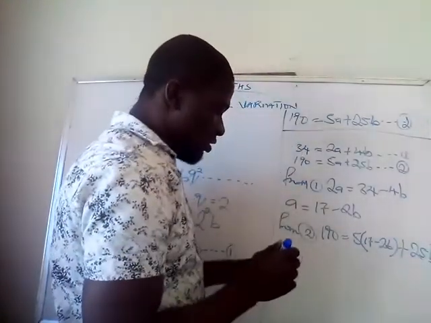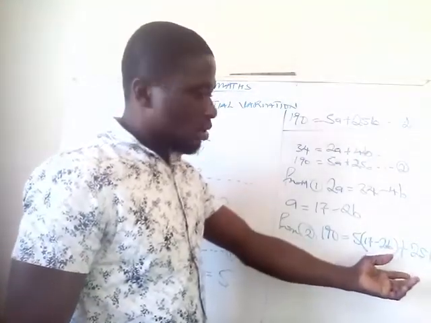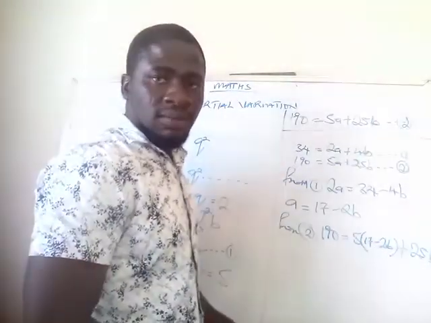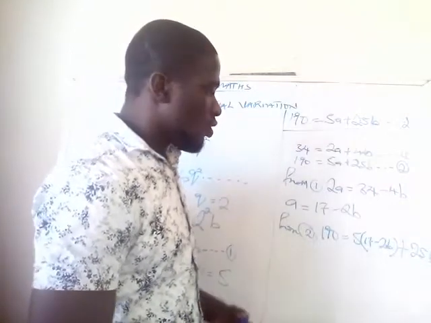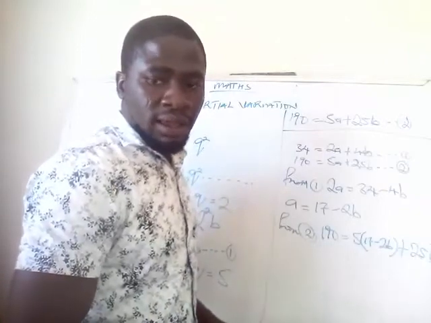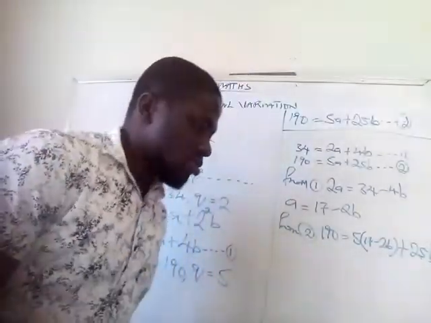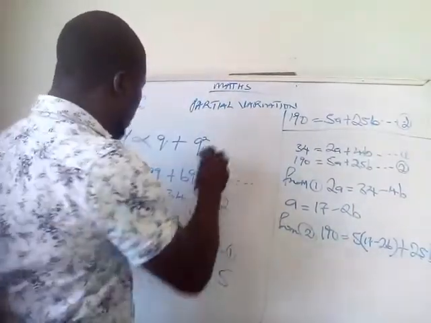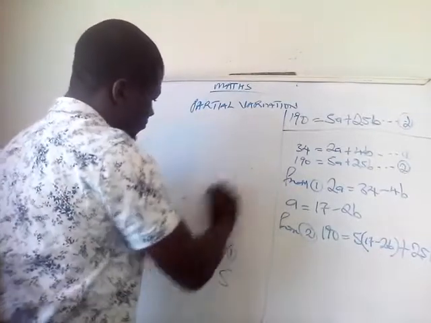Now when you look at this, everything in this last equation is just B. So it will be easy for us to find B before going to find A. So if you don't mind, let me clean this side so that it will be easy for us to solve.